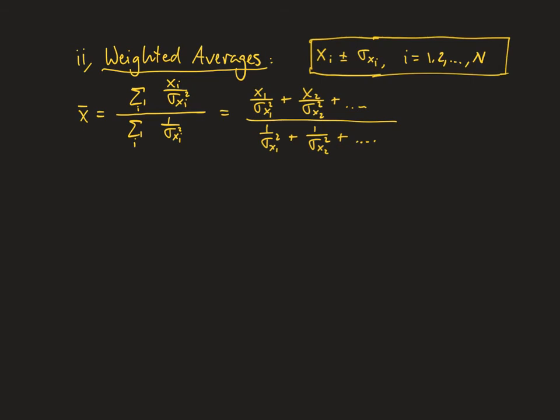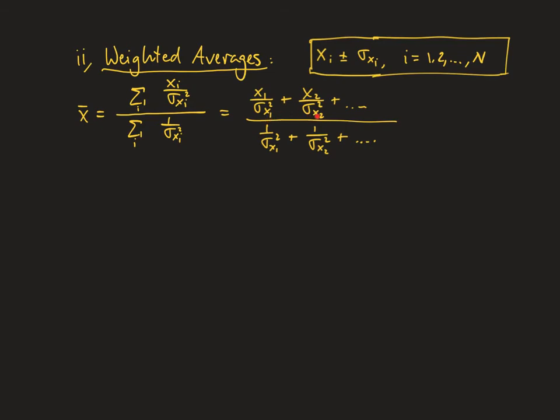So my claim was that this expression is going to favor the measurement that has a small uncertainty, right? That's what we want to do. So let's take a look at a certain limit here. Let's suppose that x1 is the one with a tiny, tiny uncertainty. So sigma x1 is a very small number.